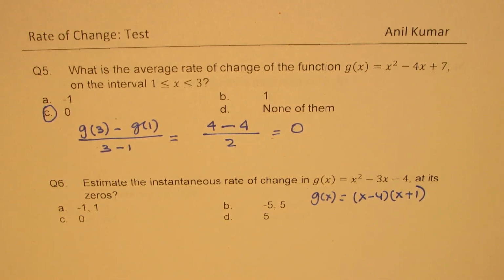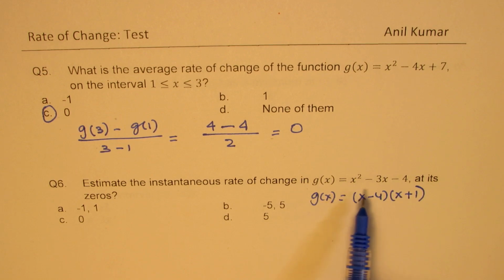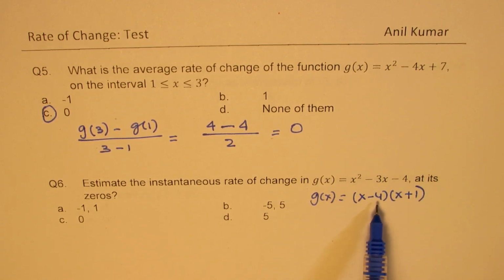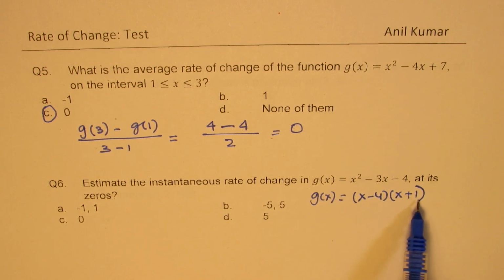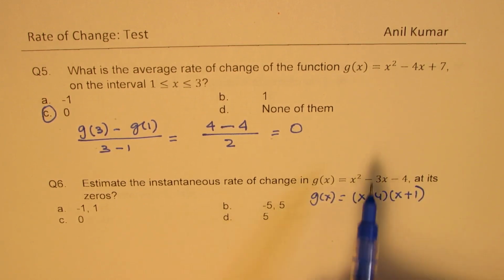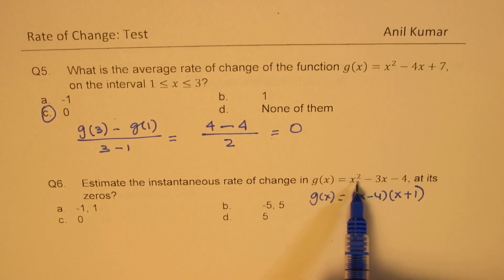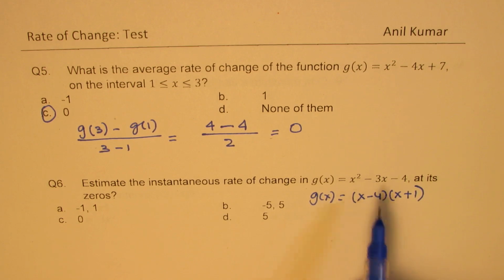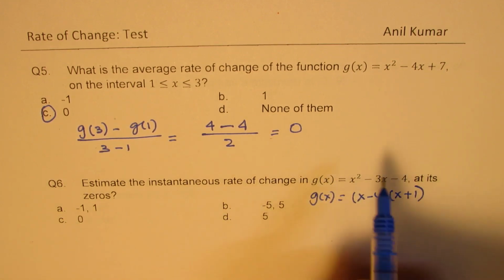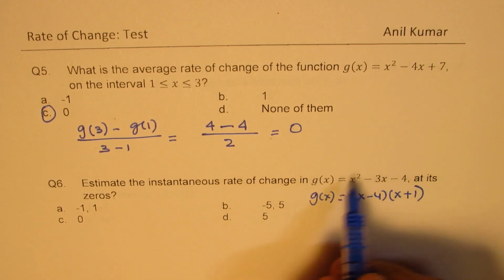Well, different ways. One, we can have a general solution for this, and then in that solution we are going to substitute 4 and minus 1 to find both the rates of changes, correct? So difference quotient method can be applied. So let's do that difference quotient method, which will be f of a plus h.